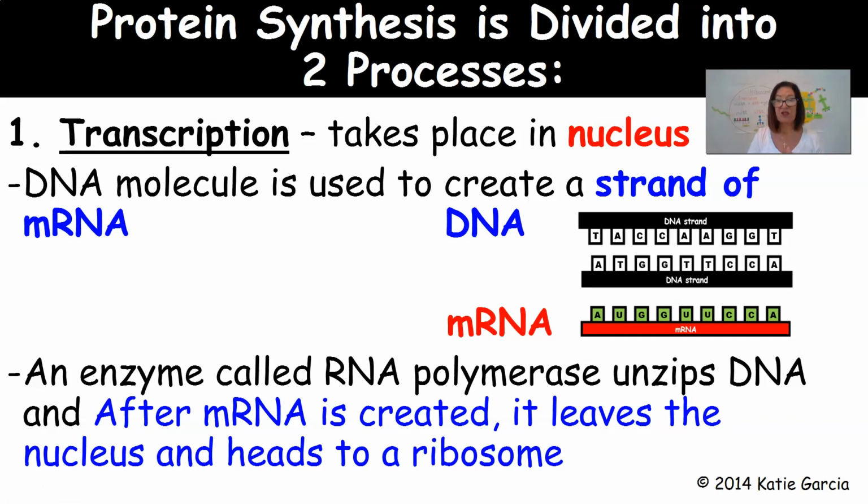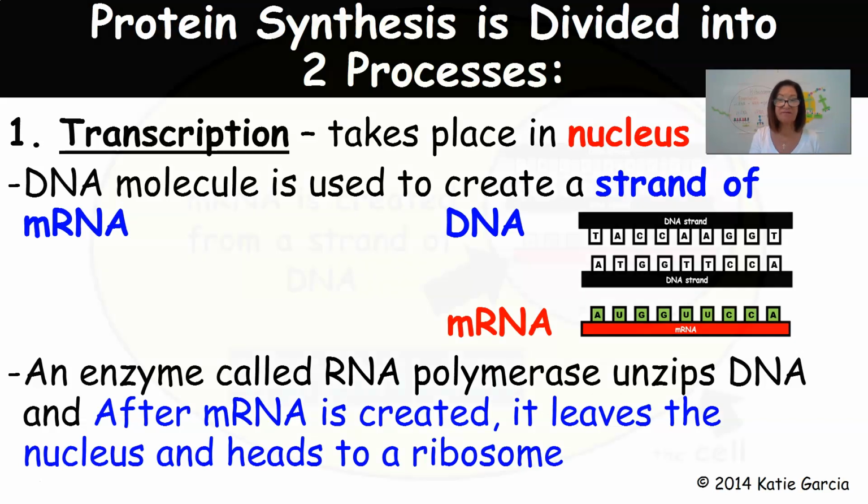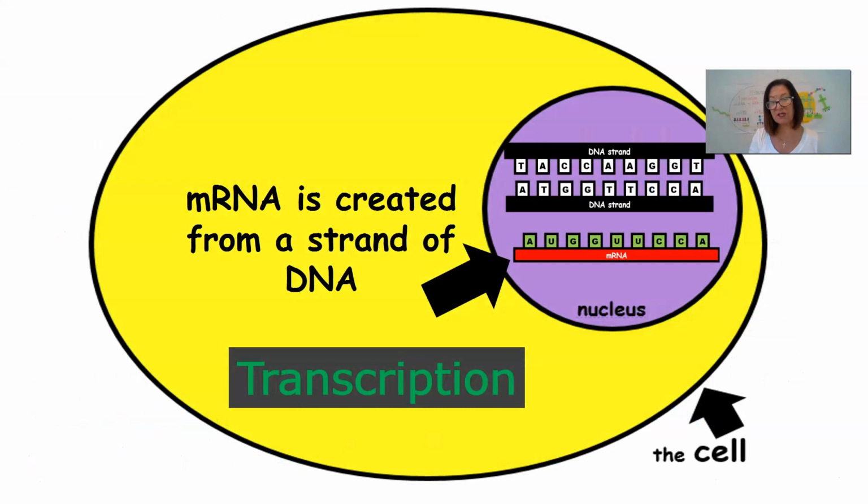Once it's made, it's going to then leave the nucleus and go to the ribosome to meet up with tRNA. So here's a picture of it. We had the DNA here. It was opened up or unzipped by the RNA polymerase, and then mRNA was created.